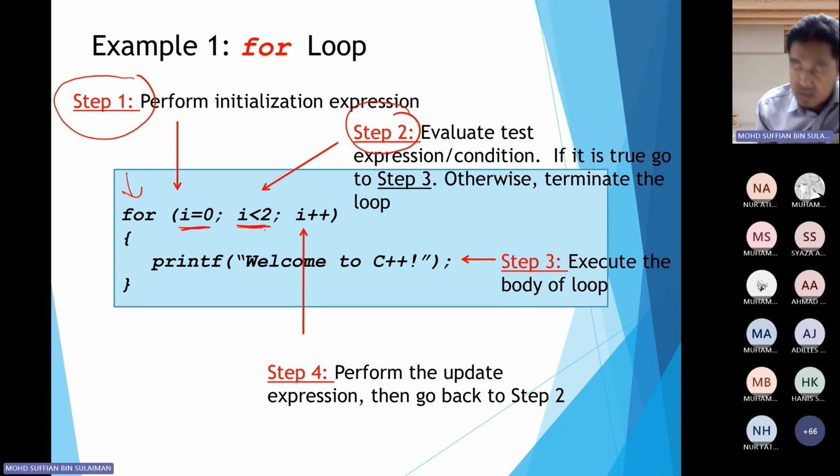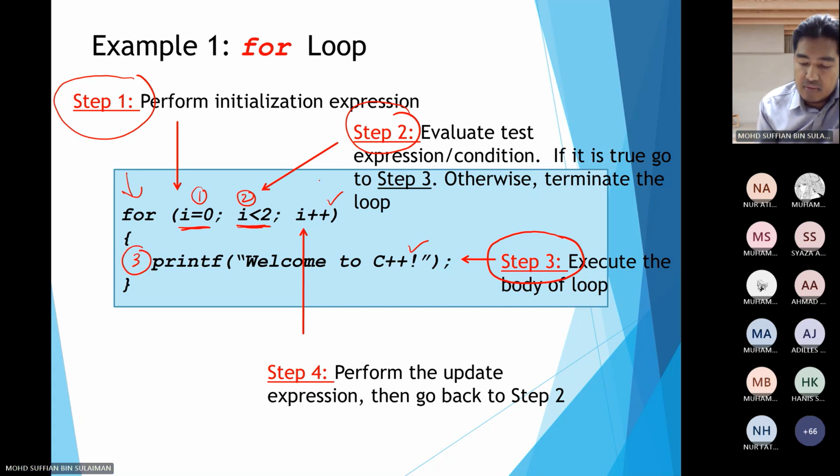Which one is step 3, the statement or the update? Most students will be confused at this time. Step 3 will be the statement, not the update. Step 1, step 2, step 3, the statement.